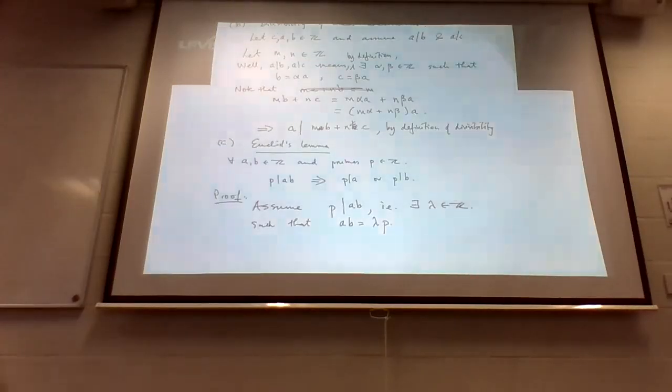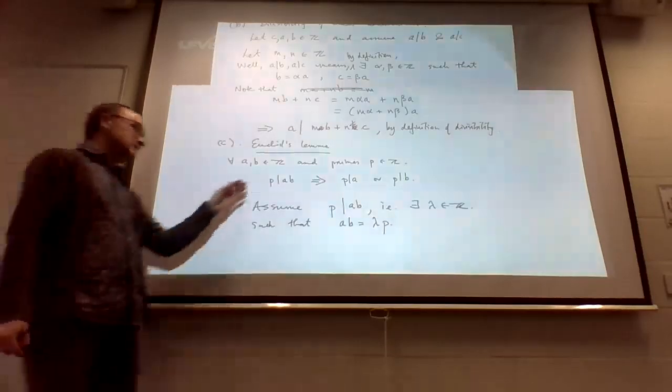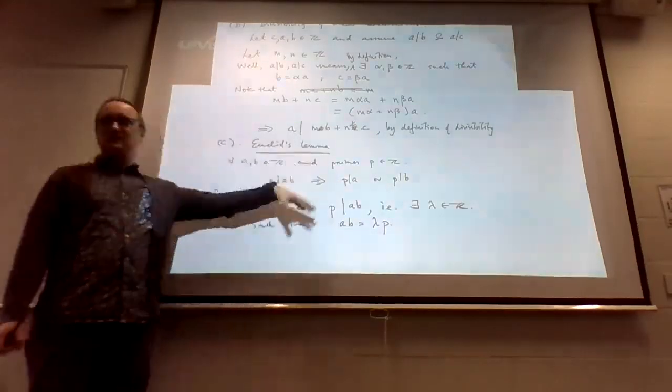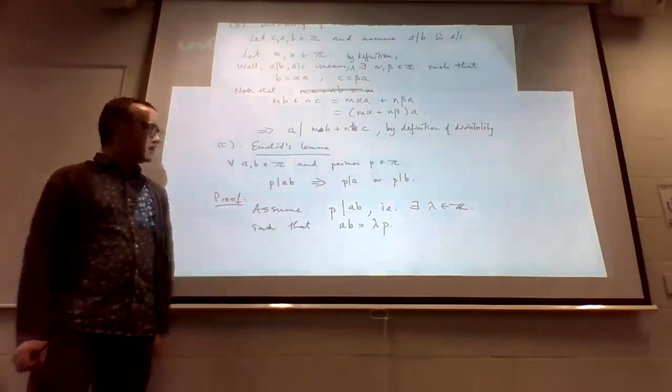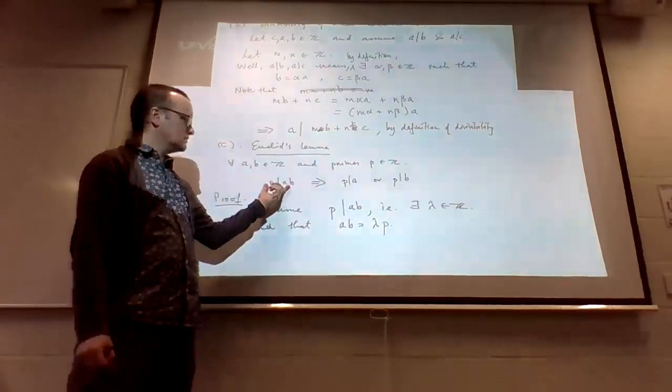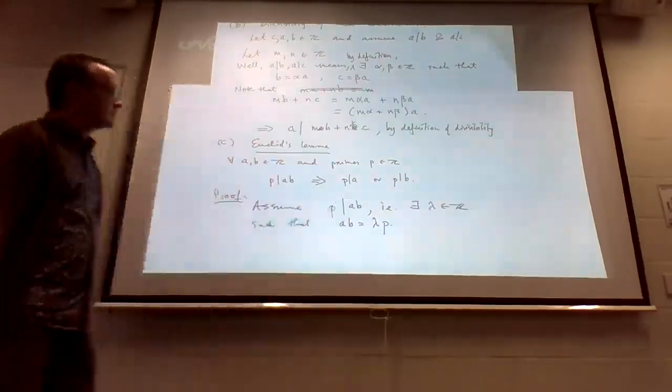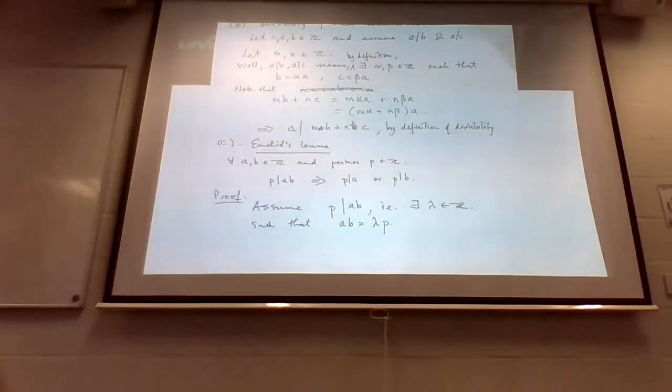That's something we could do without thinking. We're asked to prove an implication, so the easiest thing to do will be to give a direct proof. So we assume the condition part, unravel that assumption. What does it actually mean? It means there exists this lambda.